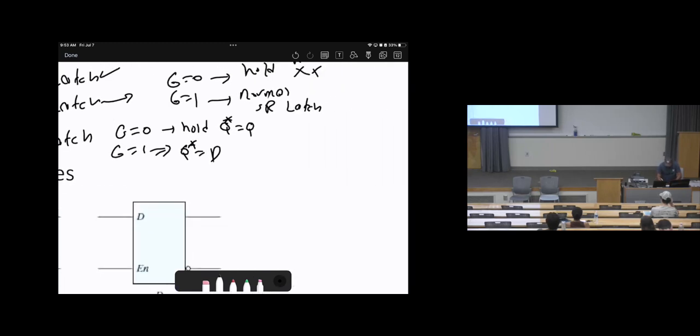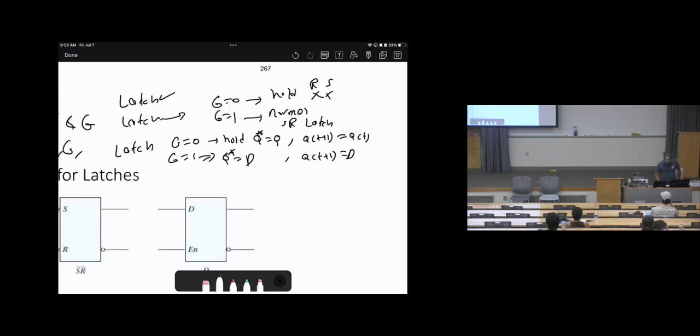Or I can write it in another format, Q of T plus 1, which is the future Q, equals Q of T, and in the other case, Q of T plus 1 equals D. No matter if I write it in star form or in Q of T plus 1 and Q of T form, it should be the same.